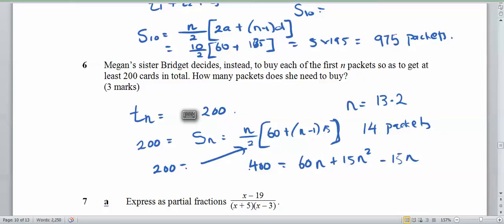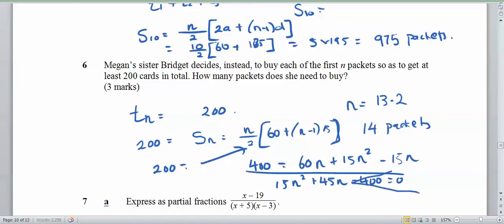So we've got a quadratic equation here, and I guess we'd have to either factorize or use the quadratic formula to solve for that. So we've got 15n squared plus 45n minus 400 is equal to 0.